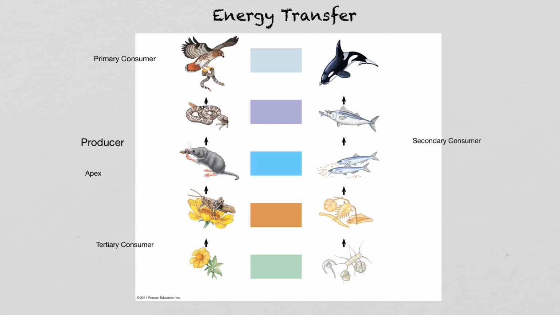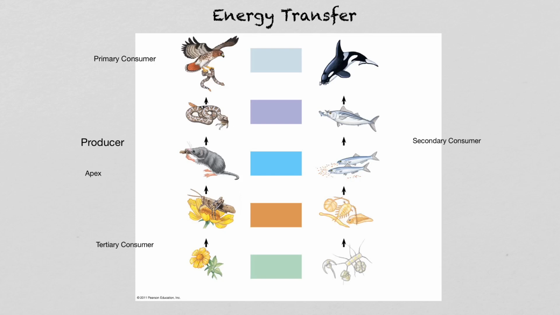Or if we wanted to see the different levels of biomass and the different levels of energy available to each different thing, then we're going to start looking at the energy pyramid. So, let's look at these chains first.